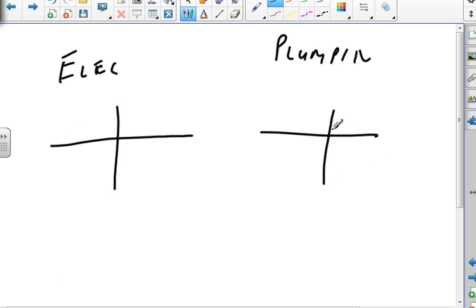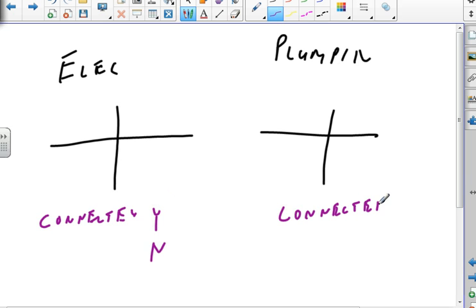In the plumbing thing, are the pipes connected? Okay, so connected. Connected, yes. No. Okay, so we're going to vote on it.